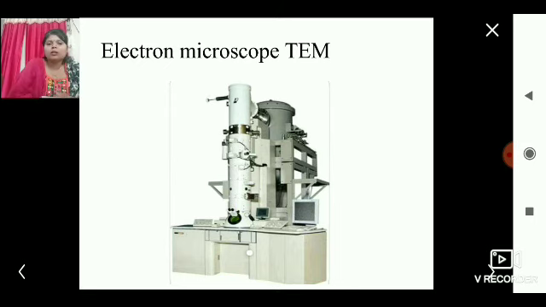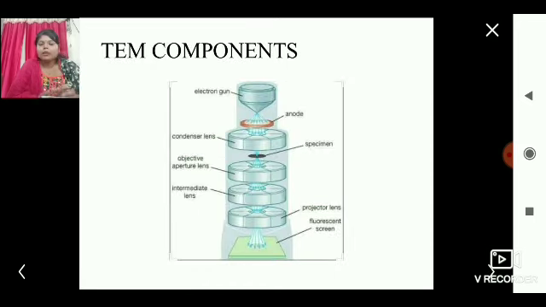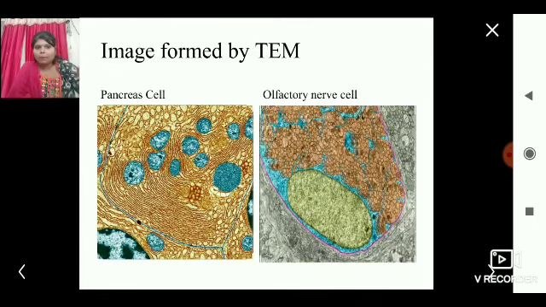TEM and SEM almost look the same. The components inside are slightly different. This is the electron gun, this is the anode or the electron plate, and this is the condenser lens, specimen, objective aperture lens, intermediate lens and projector lens, and the fluorescent screen, through which you can see the object on the screen.